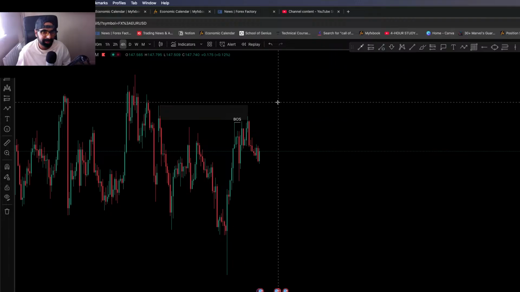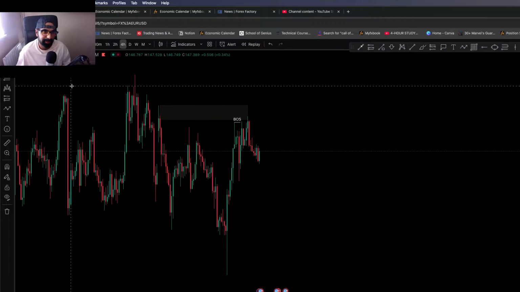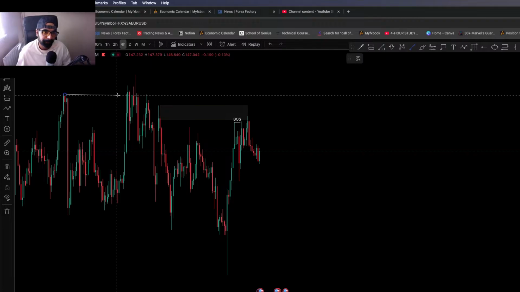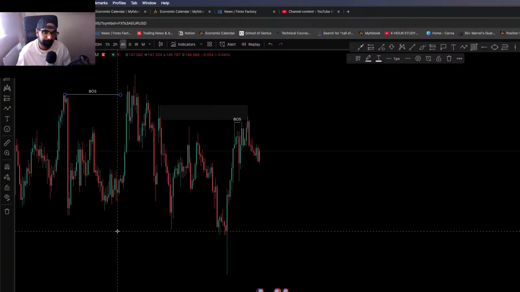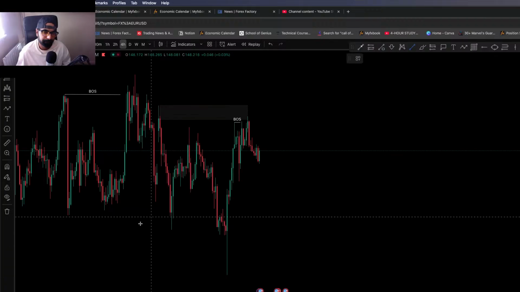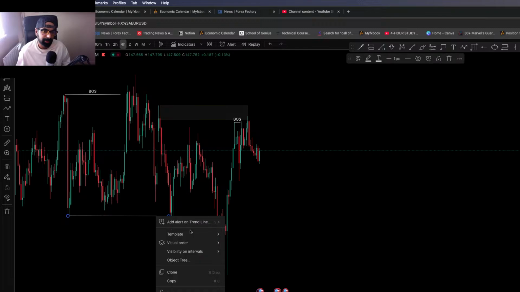See, it's marked up right on the zone, so when I see something like this, liquidity grab, alright, that's equal lows.